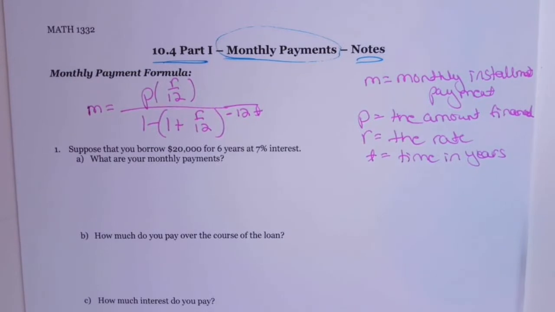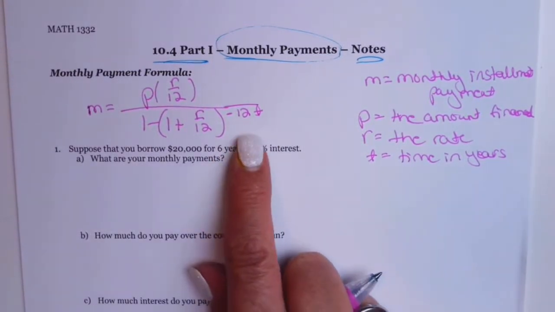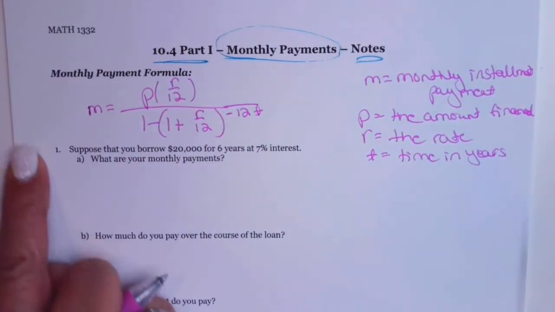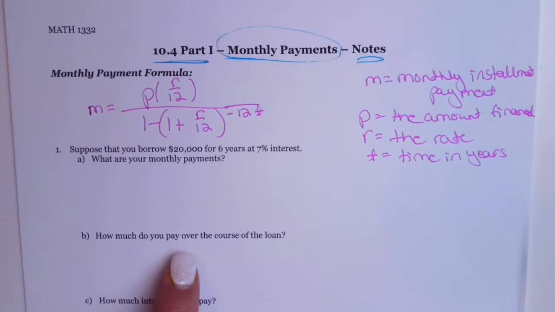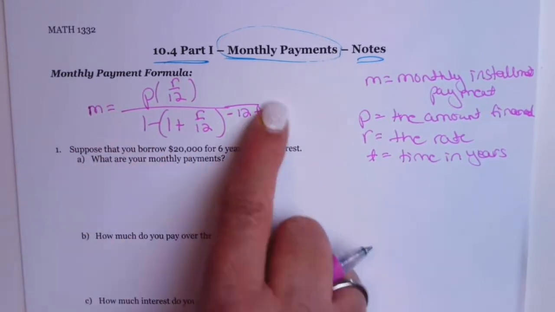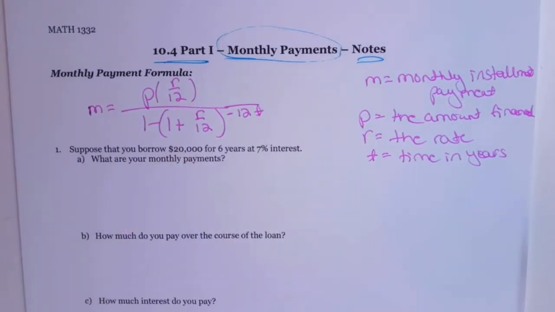So basically we're using this formula always when it's asking for monthly payments. You have to be careful when you're putting it in the calculator, but I'll show you what to do in this next one.